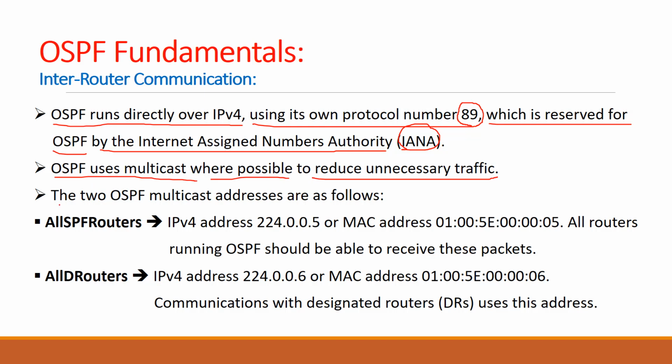You have to keep these two addresses in your mind, because in the packet capture that we will do in an example later in this presentation, we will find out that OSPF uses two multicast addresses.